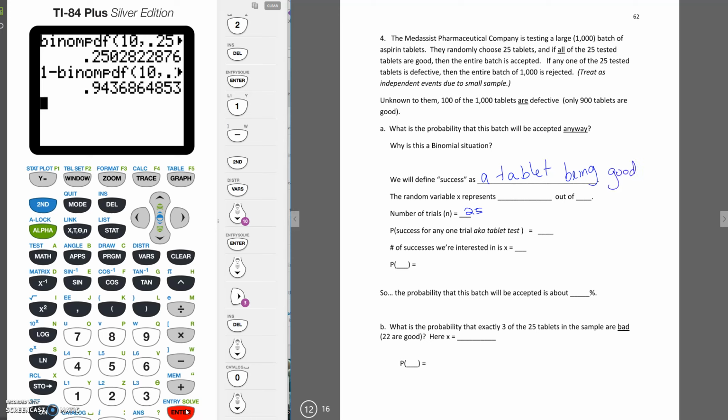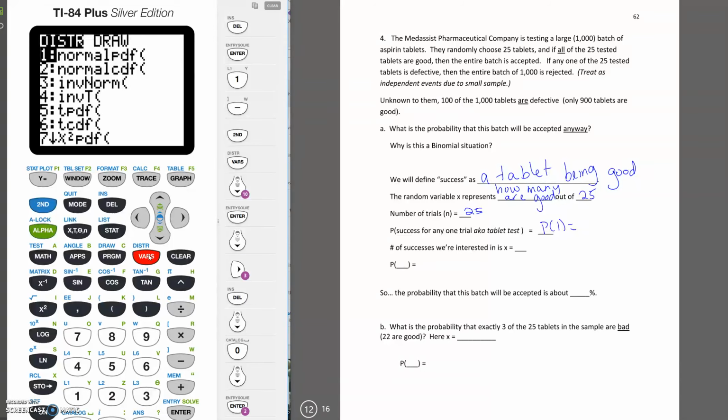The random variable x represents how many out of the 25, so how many are good out of the 25 that are sampled? Success for any one trial would be P of 1. So we'll do second distribution, the binomial PDF.